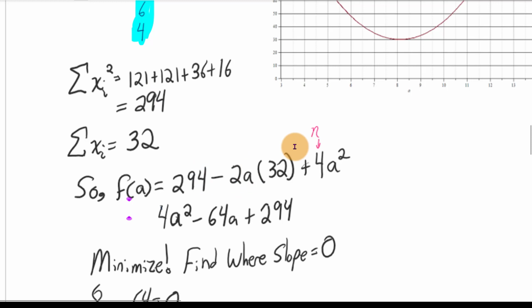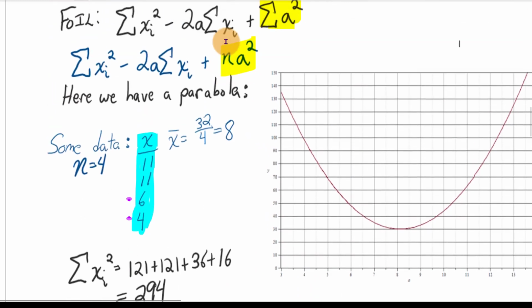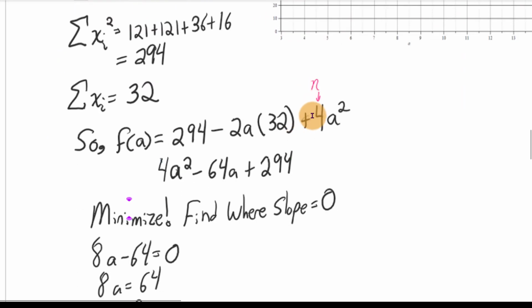We're just going to pick a number a to minimize the sum of squared deviations in a minute. So minus 2a times 32, the sum of the x's, plus n times a squared. Well, we have 4 numbers, so 4a squared. And when we rewrite that the normal way that we write a quadratic equation, 4a squared minus 64a plus 294.